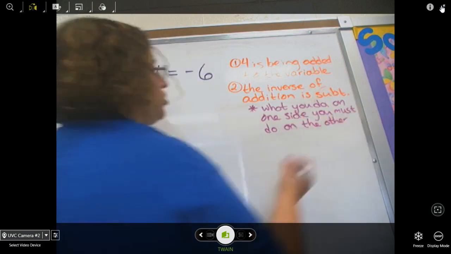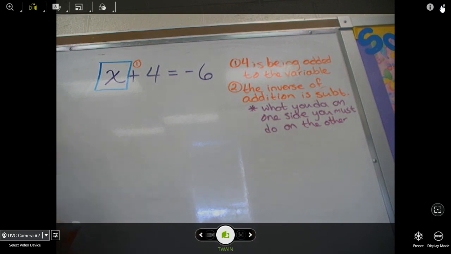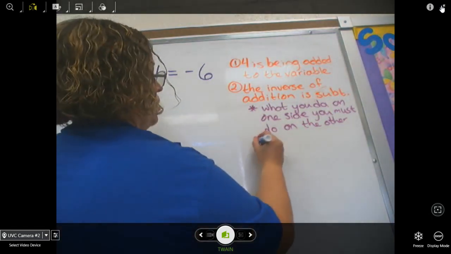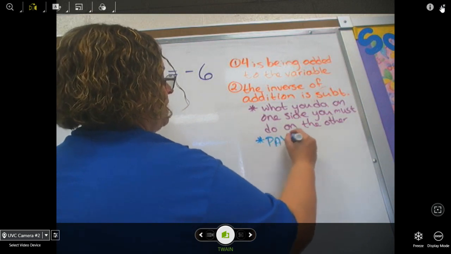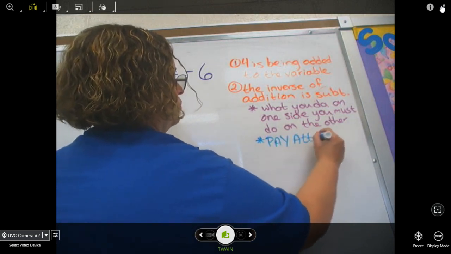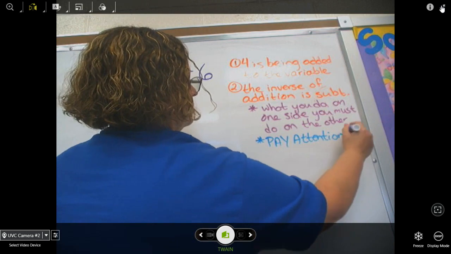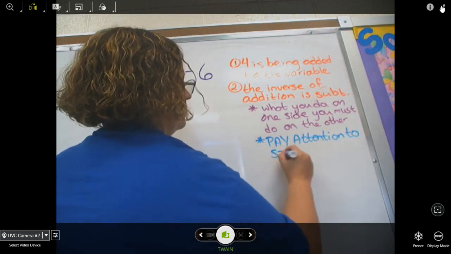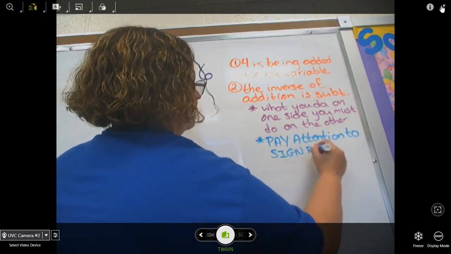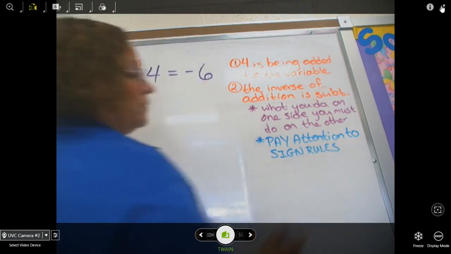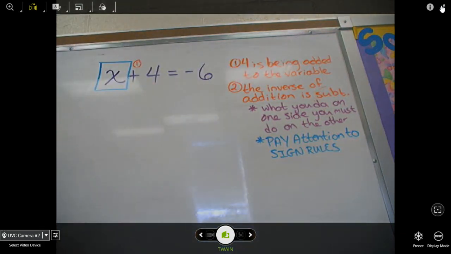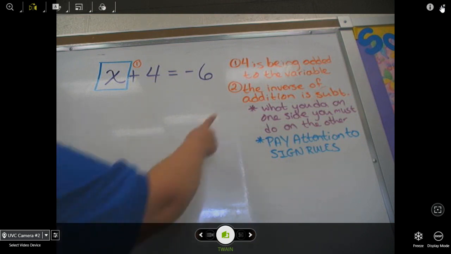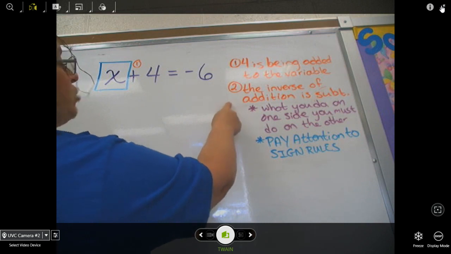And pay attention to sign rules. So what you do on one side, you must do on the other, and you pay attention to sign rules. So the inverse of addition is subtraction.